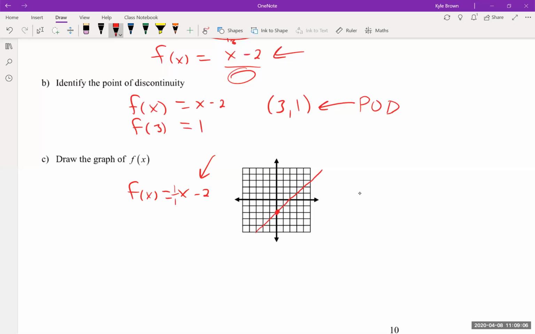But, and this is the way we draw it, at that point of discontinuity, when x is equal to 3, you'd make an open circle right there. That's where it doesn't touch. So this is our graph, x minus 2, but the point 3 comma 1 is not on the graph. Sorry, I shouldn't fill that in. It would be an open hole, like that. Okay, so that's the idea.